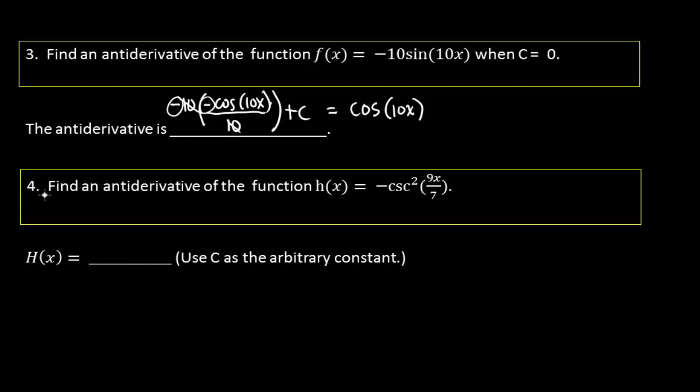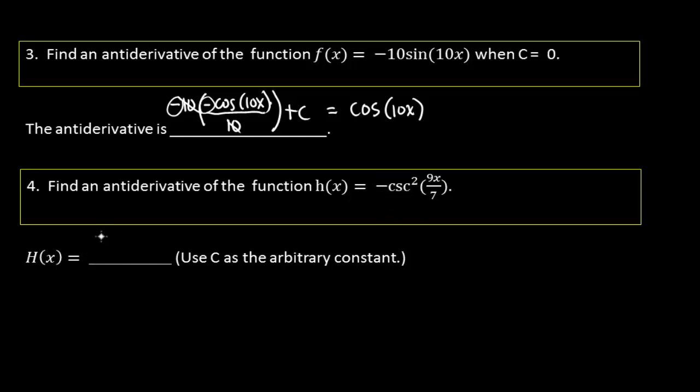Next, number 4, find an antiderivative of the function h of x equal to the negative cosecant squared of 9x over 7. So the first thing you have to find out is, remember, what is this a derivative of? Well, just recall, this is the derivative of cotangent.